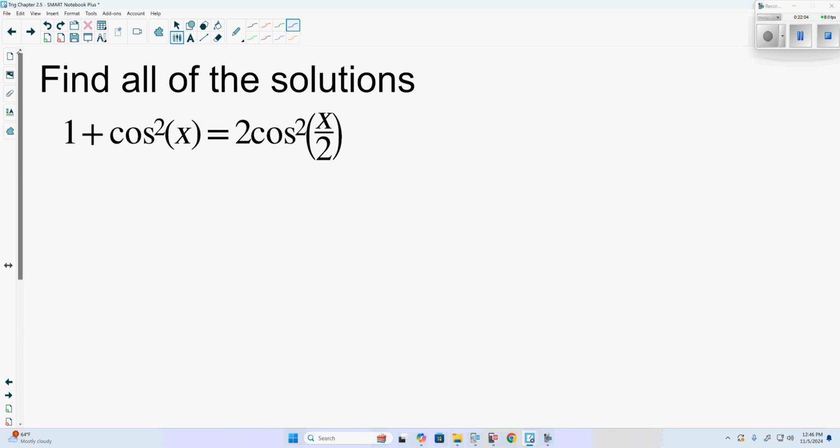The first thing I would look at is our half angle formula. Cosine of x over 2 is equal to plus or minus the square root of 1 plus cosine of x all over 2. So the first thing we can do is plug this in for our cosine of x over 2.